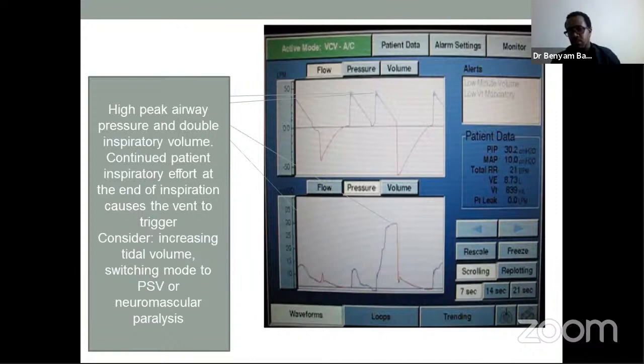Probably we would adjust the tidal volume based on the ideal body weight. Is he getting adequate tidal volume? If so, maybe the patient needs sedation, or we need to change the mode from VCV to PCV or PSV. The last resort would be to paralyze the patient to prevent double inspiratory volume being delivered.